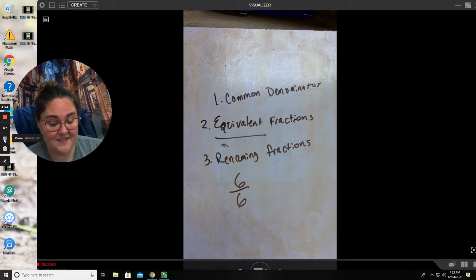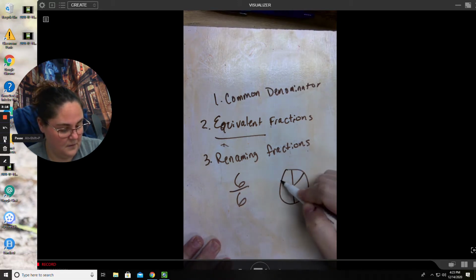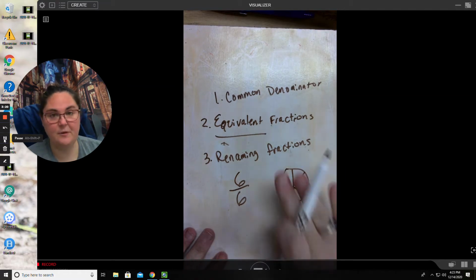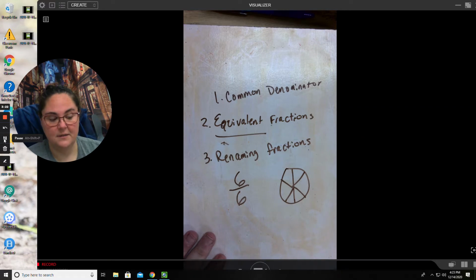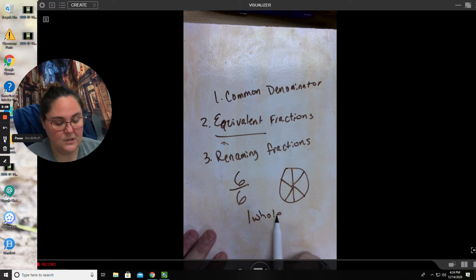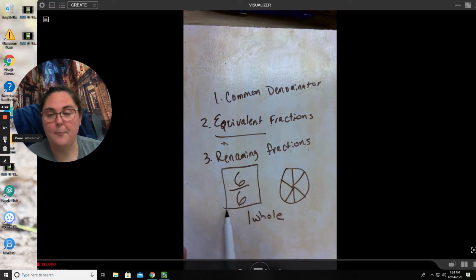So if I have 6/6, I'm going to draw my picture. If I have 6/6, all of them are filled in. What is my answer? Well, I would call that 1. So when we're renaming fractions, what you're going to do is multiply by a fraction that equals 1.